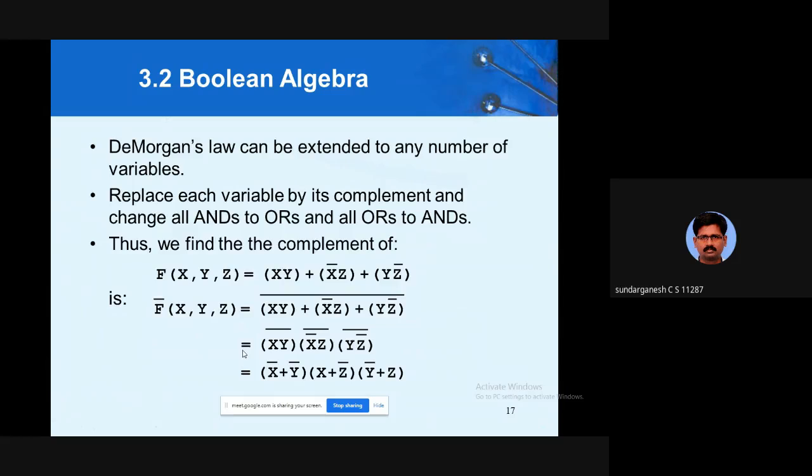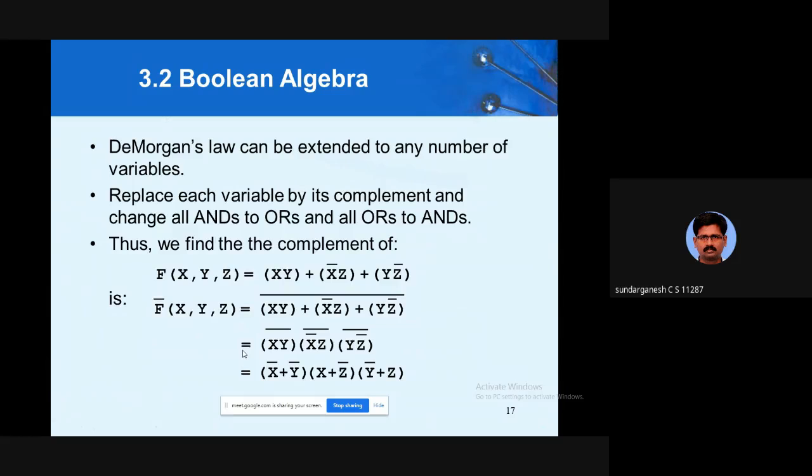For example, (xy) whole complement, (x bar z) whole complement, (y z bar) whole complement, which is equal to... Now we are applying De Morgan's theorem. So x bar plus y bar. Similarly, (x bar z) whole complement becomes x double bar plus z single bar. So double bar gets cancelled, so x plus z bar.